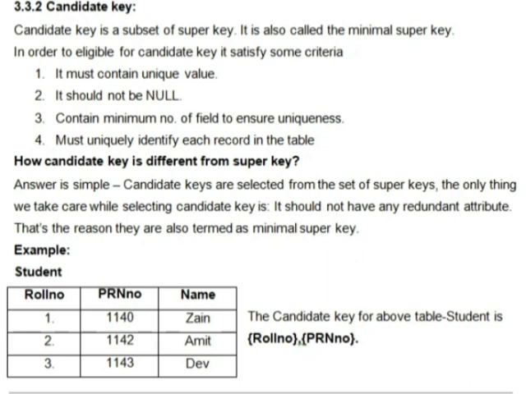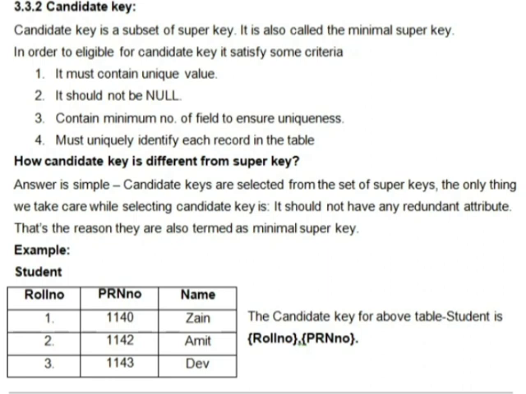The only thing to take care of while selecting the candidate key is that it should not have any redundant value. Redundant value means duplication of data. That's the reason they are also termed as minimal super key.